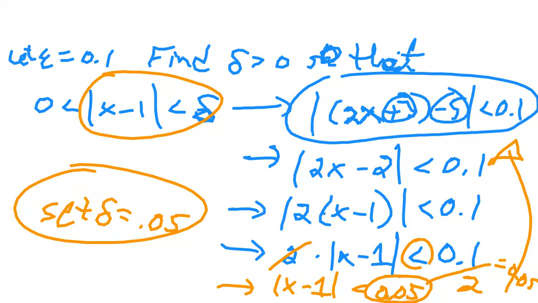So basically this is leading toward a proof, but this is just for one particular epsilon, not any epsilon. Okay, so we're going to say let epsilon equals 0.1, and now we're doing a let set.